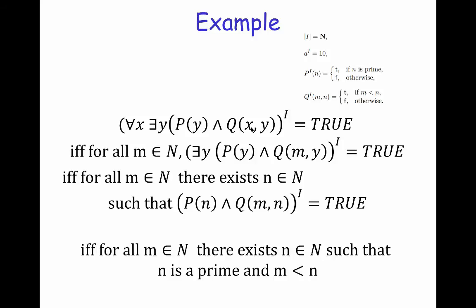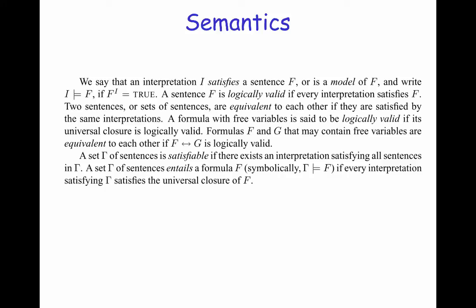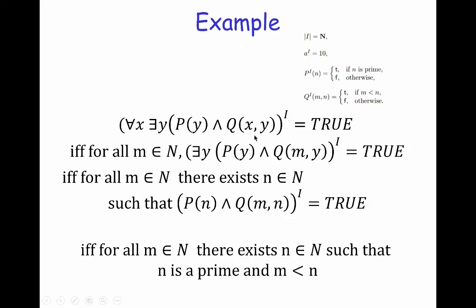But how are we going to evaluate this in first order logic? So this returns true if and only if, according to the definition, for all m in the universe, and I'm not going to actually distinguish between object names and the actual elements in the universe, so let me just write m, this formula must evaluate to true.